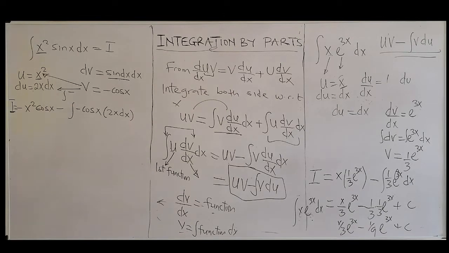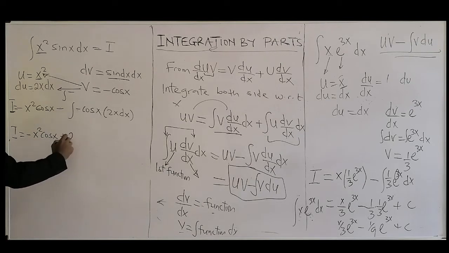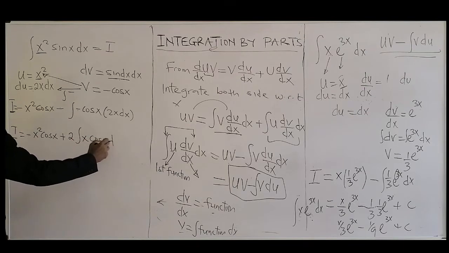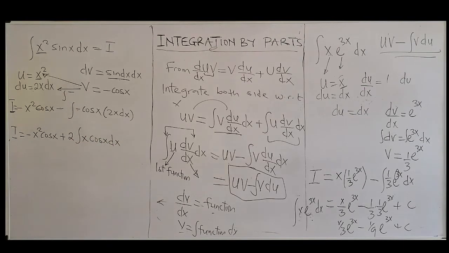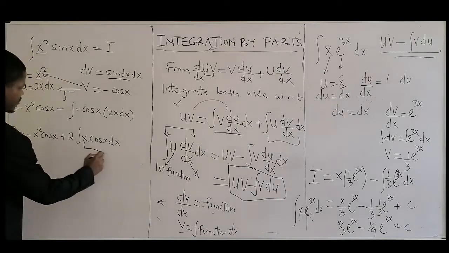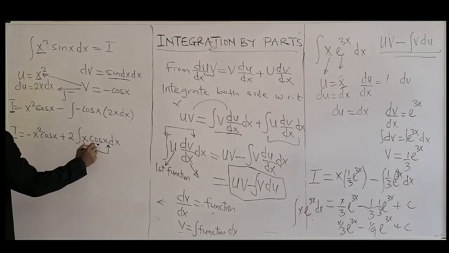So what can we do now? We can take that 2 out and this minus also out. So we have I equal to minus x squared cos x plus, minus times minus, then take the 2 out, then you have the integral of x cos x dx. What we are going to do now, this also is a product of two functions, x times cos x.